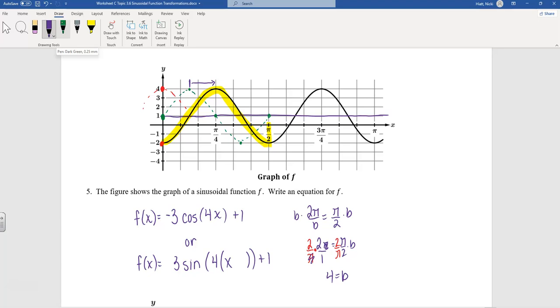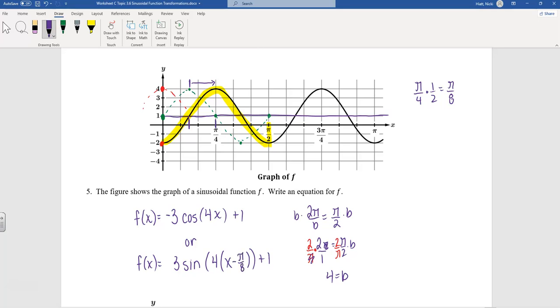So if I take this maximum right here and move it over this far, I'm thinking how far is it from here to here? And that's half of pi over 4, right? So pi over 4 times 1/2 is pi over 8. So you have to shift to the right pi over 8 for these to match up. So you would have to do minus pi over 8.